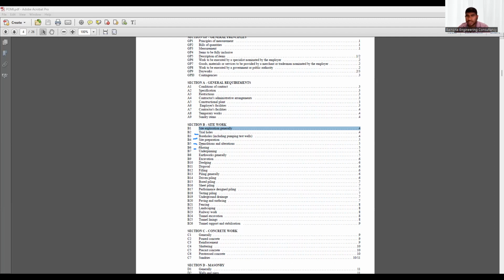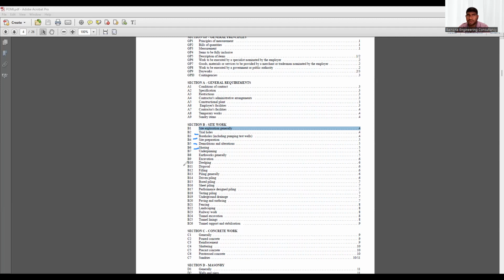Then shoring. It is construction technology, guys. I have to ask you all: what type of shoring is available in the construction industry and why do we go for that? Can anybody tell what shoring systems are available, what is the purpose of shoring, and why we go for a shoring system? Anybody know that?